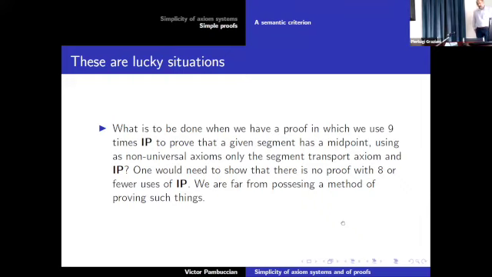What do you do if you need to apply IP, say 9 times, to get the midpoint of a segment, to prove that the segment has a midpoint? Then the thing is much worse, obviously. Because showing that you can't do it with 8 or fewer times is much more complicated than with 2 or fewer times, the way we had it in the Pappus implies Desargues story or in the outer Pasch, inner Pasch. And that's the story. I mean, it's a huge field.